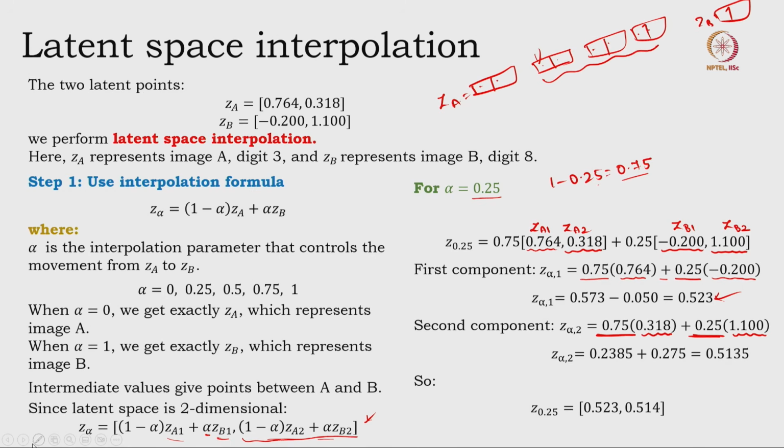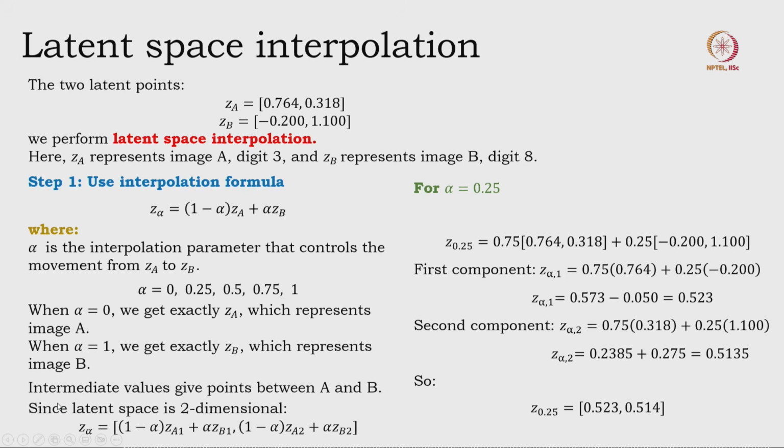Now understand what we have done. All we had was ZA and ZB. From ZA and ZB, we have obtained an intermediate latent representation for alpha 0.25. Now look at this value and at the values in ZA and ZB.